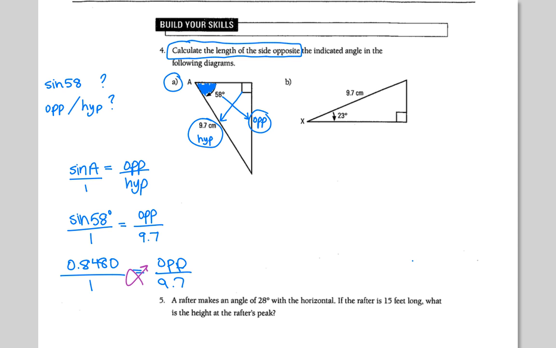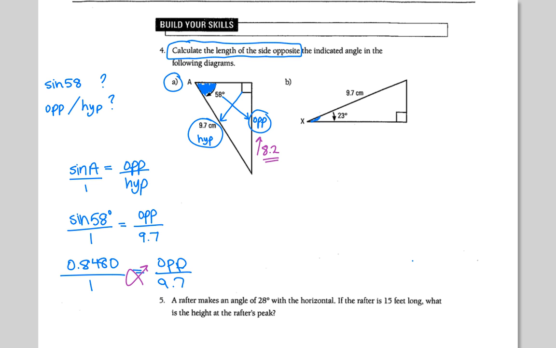So I just need to take 0.8480 times 9.7 divided by 1, and I got that this op, this side here, is 8.2. Okay, let's try the next one.